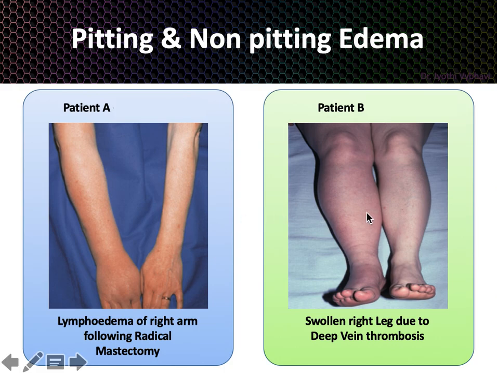Let's come to patient B. Here this patient has right leg edema. It is due to deep vein thrombosis. The veins in this person's right leg have become thrombosed, and that's why the venous system is not working properly.